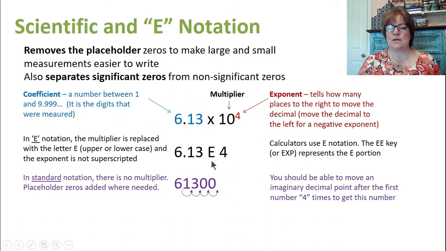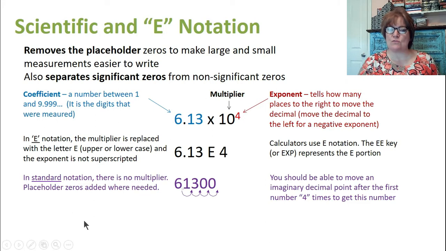Calculators, different programs, and different simulations sometimes use different notation, so sometimes entering things in varies. So these are considered equivalent. 6.13 times 10 to the superscripted 4 is the same thing as 6.13E4. And sometimes this is a little e, sometimes it's a big E. Sometimes on calculators it's 2 E's or EXP.